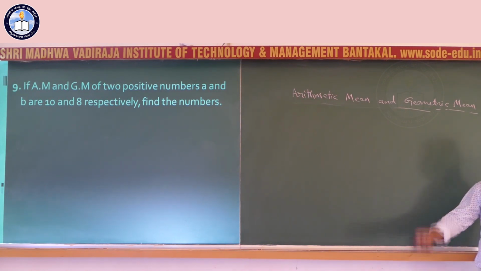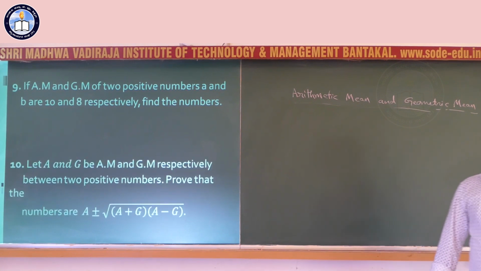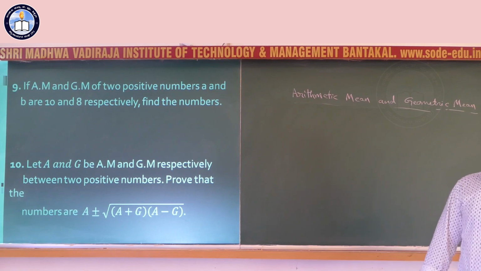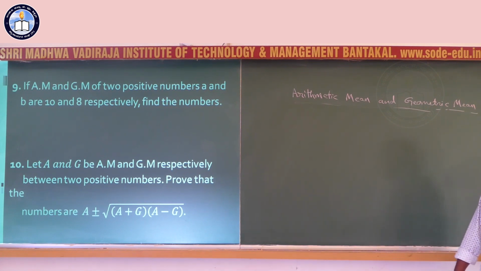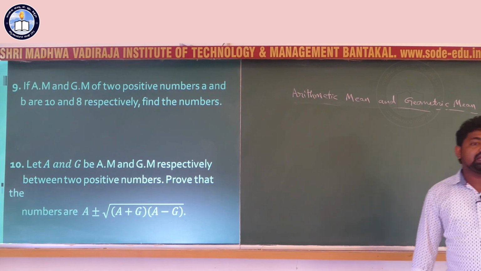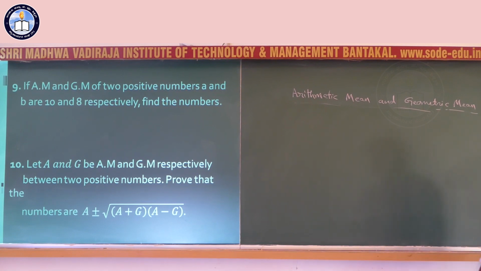Next problem. Let A and G be the arithmetic mean and geometric mean respectively between two positive numbers. Prove that the numbers are given by A plus or minus square root of A plus G into A minus G. Given that capital A and capital G be the arithmetic mean and geometric mean of the numbers.